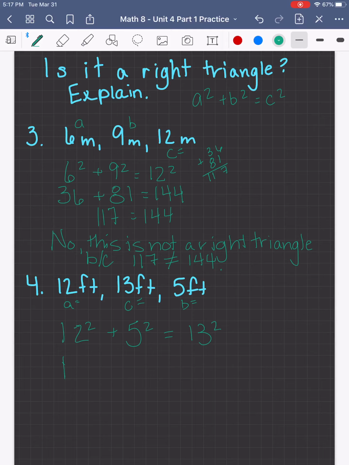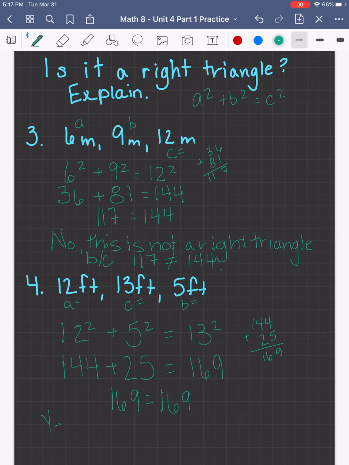statement. So 12 squared is 144, 5 squared is 25, and 13 squared is 169. So if we add 144 and 25, we get 169.